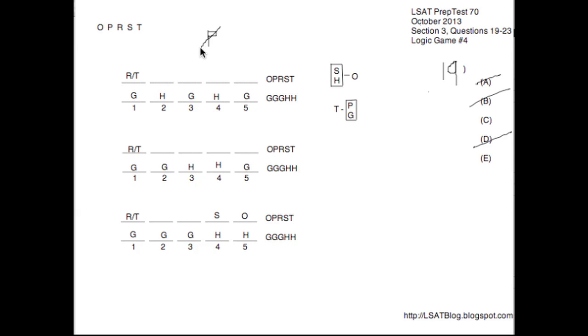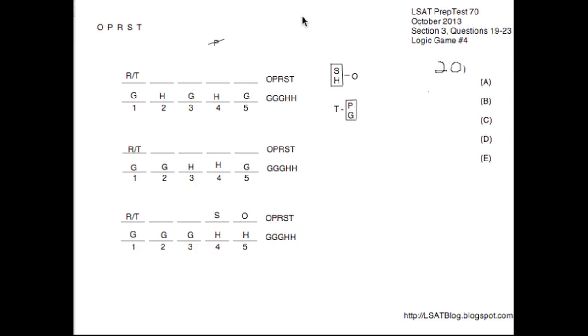So for that reason, I'm going to put this P with a slash through it above the 4th column here and use that to look at the remaining choices C and E. And we find that choice C has P on 4. So for that reason, C is gone, and we're left with E as our answer for number 19.